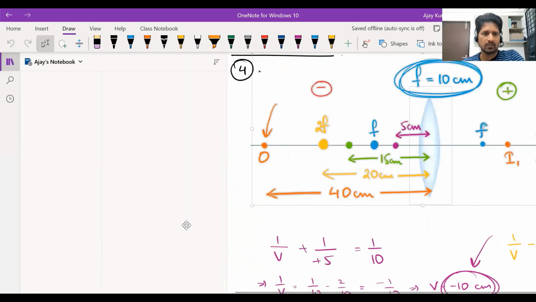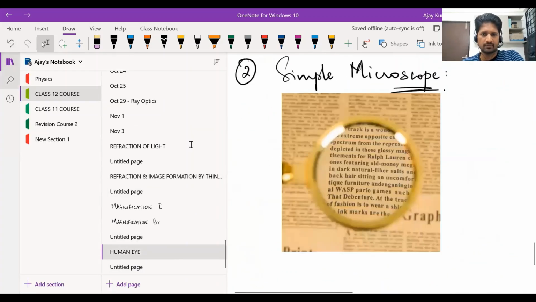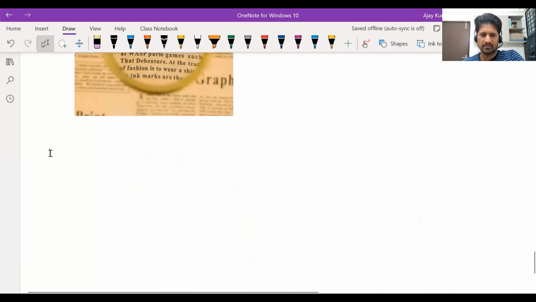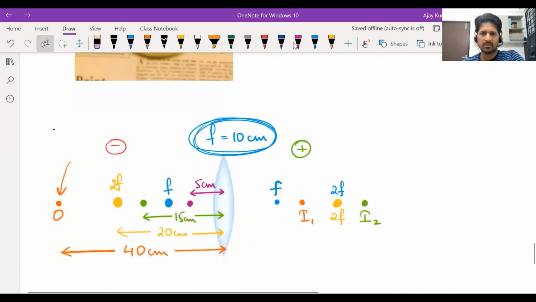One of you tell me, if the object is beyond 2f from a convex lens, where does the image form?